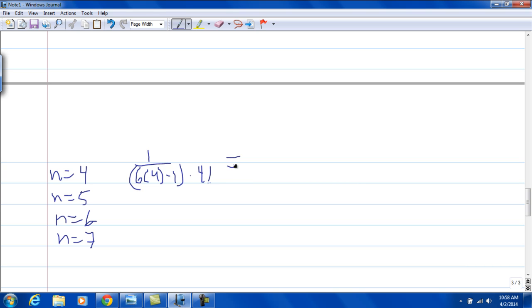which is what? Oh, it's 6 times 4 plus 1. I get 1 over 600, and that's approximately 0.00167. That's not small enough. So I'll do 5.